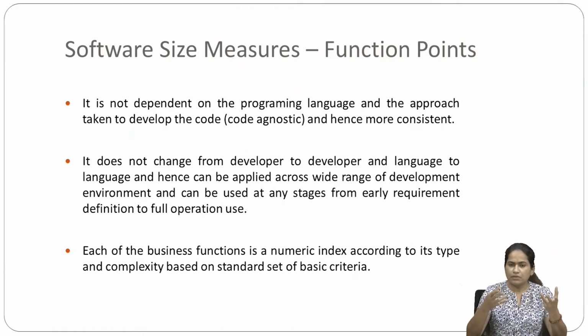How will you calculate the numeric value? You need to check its complexity, and you also have to consider the standard set of basic criteria. Based on that, you will get one value which will be called the numeric index value for that particular business function.